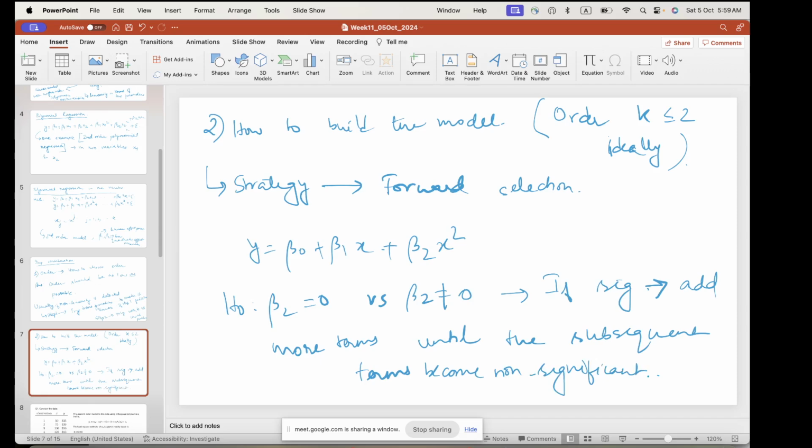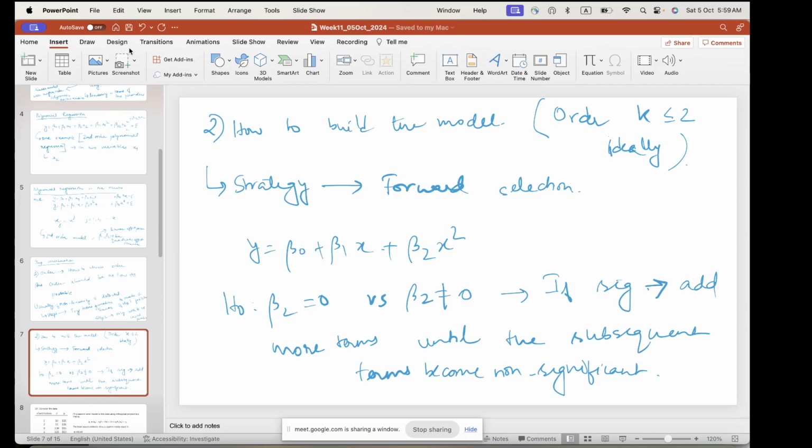So what I mean to say is that first we'll fit this, then we'll add a square term. Let's say beta 2 is significant, then we go ahead and add another term, that is beta 3 x cube, and test for significance of beta 3 equal to 0 versus beta 3 not equal to 0. If beta 3 is also significant, we'll proceed to beta 4. But let's say beta 3 is non-significant, then we'll stop the model there.